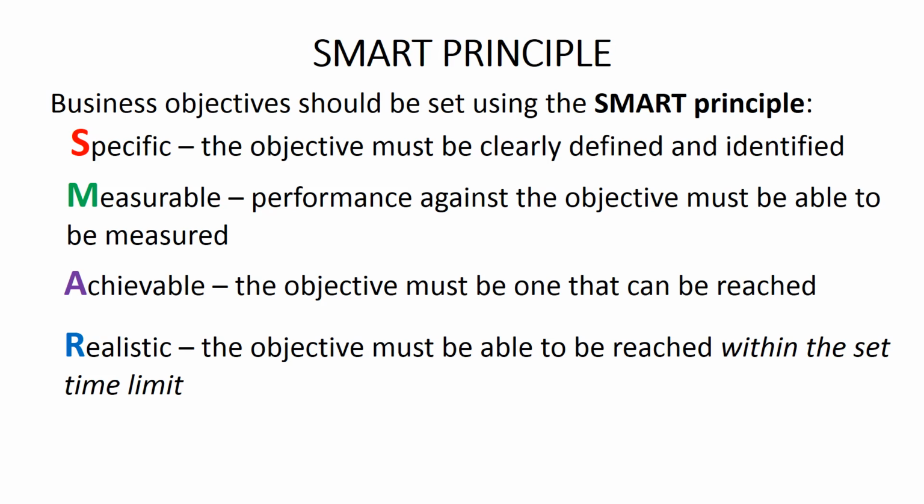So there's the meaning of the R characteristic that you should include in the third column of the table in your summary books. An example of a business objective that does not have this characteristic is an objective that states that a new business will expand from having just one outlet to 20 outlets within the next 3 months.